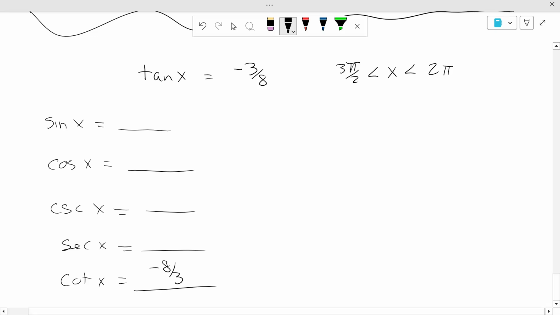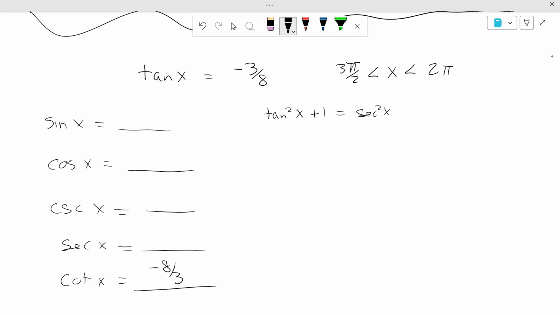No. I would do secant myself, because I know tangent squared of x plus 1 equals secant squared of x. So tangent squared is negative 3/8 squared plus 1 equals secant squared of x.